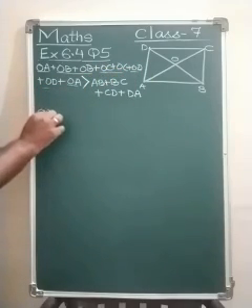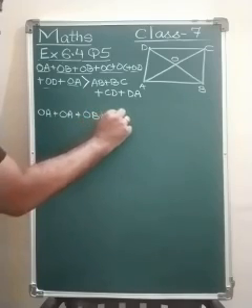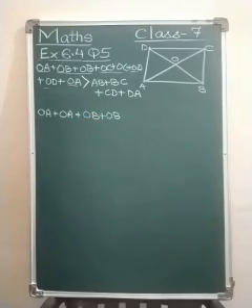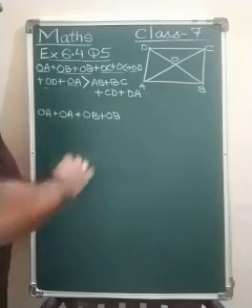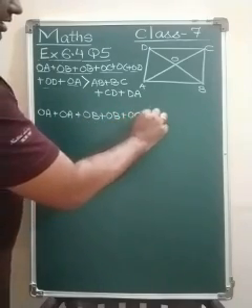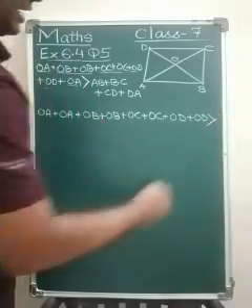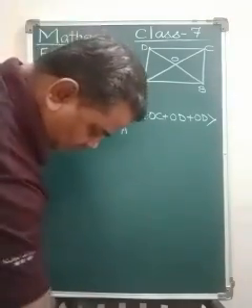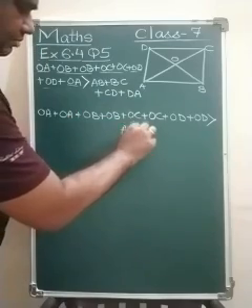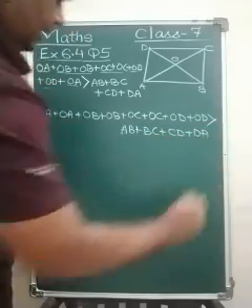So OA plus OA plus OB plus OB plus OC plus OC plus OD plus OD is greater than AB plus BC plus CD plus DA.